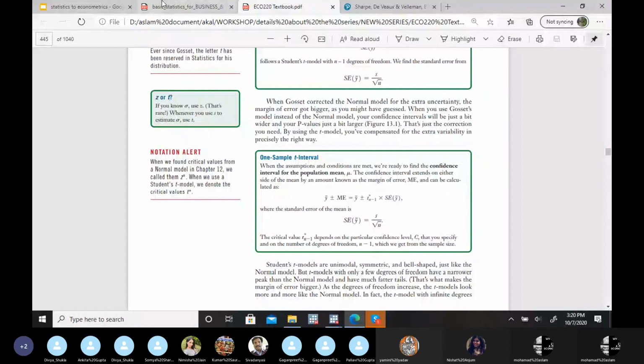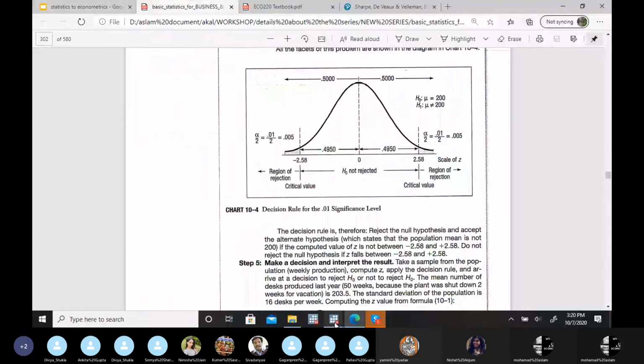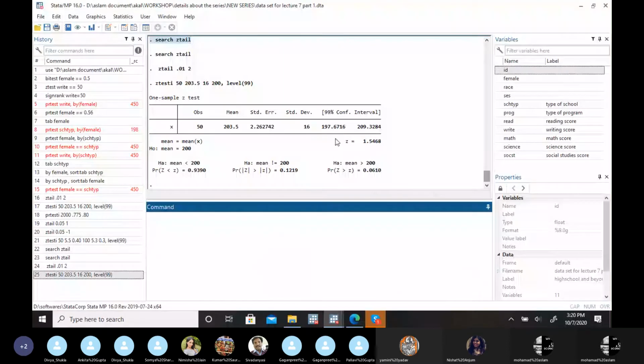Let's take this particular example. Our confidence interval is 197 to 209. And what is our population parameter? That's 200. So our 200 is lying in this confidence interval.